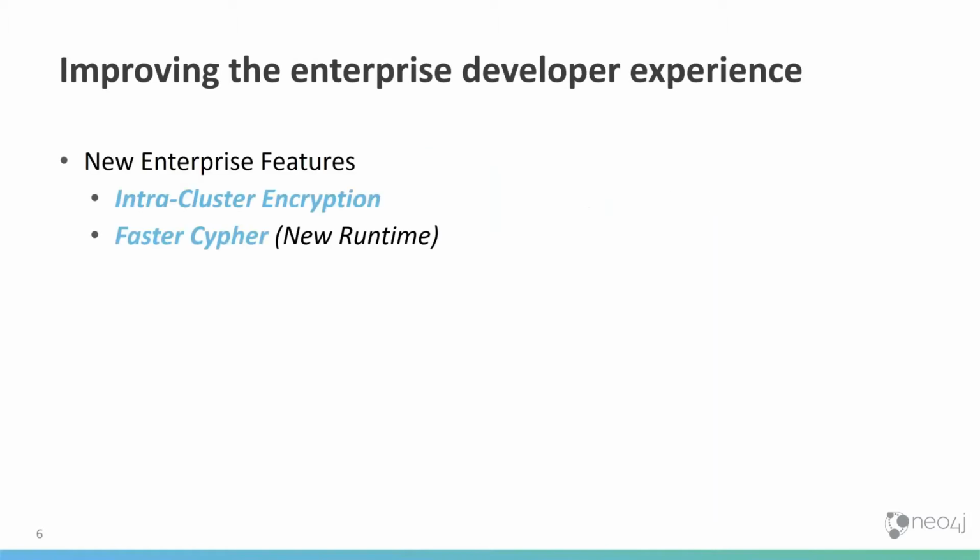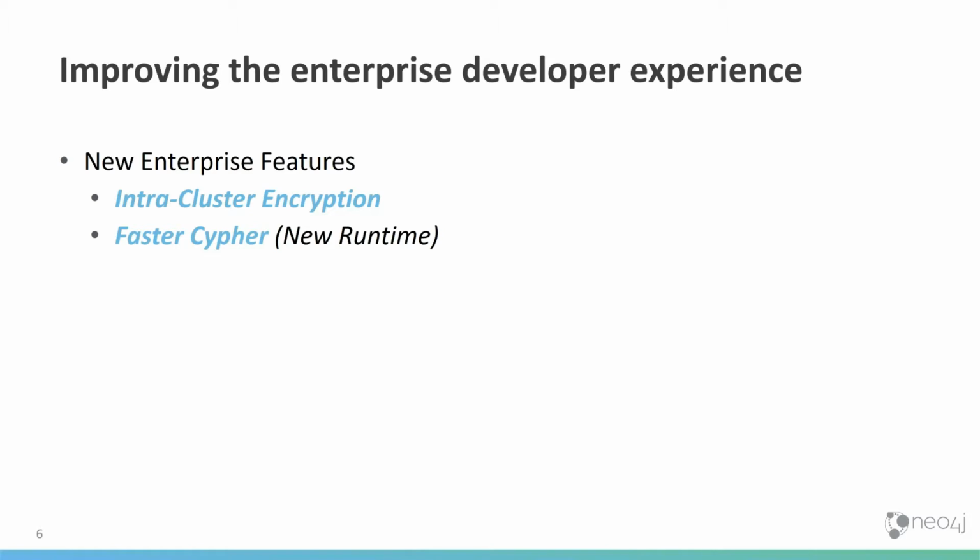Now, when we looked at the enterprise capabilities that we've introduced, these two are setting us on a path to continuously support both larger and larger graphs and more geographically or cloud dispersed graphs.